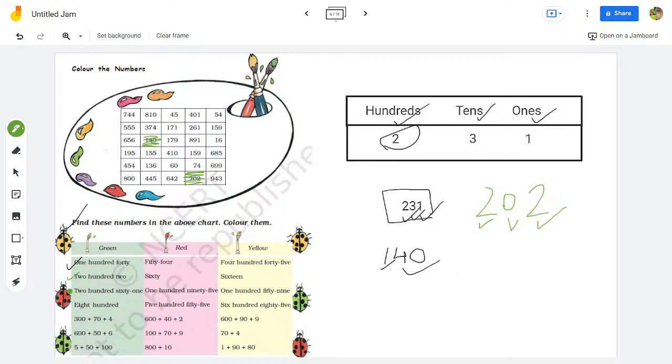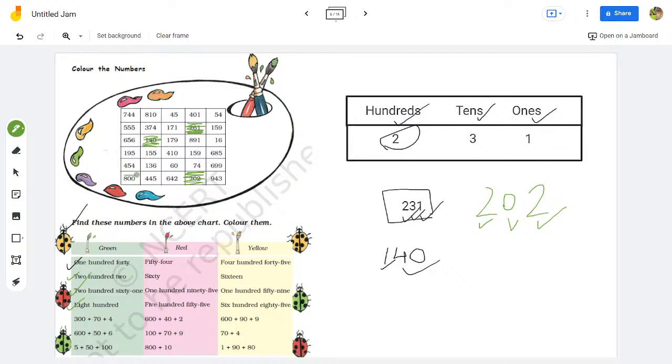The next number is 261. So we have 261 over here. We can color 261. Then the next one is 800. Now 800 we have over here.